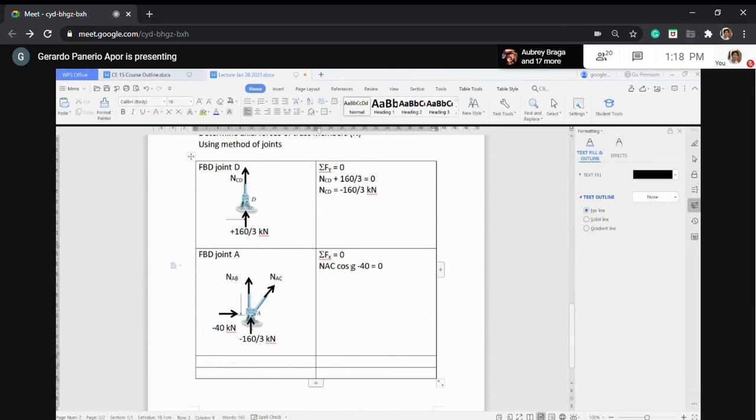That is N_AC cos theta, where theta is a subscript.